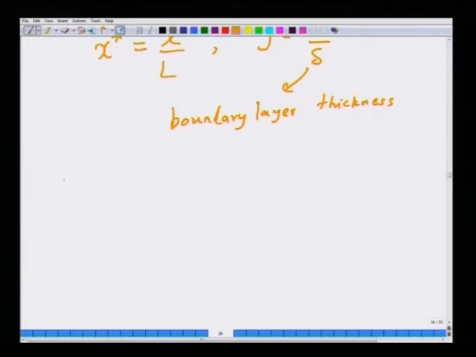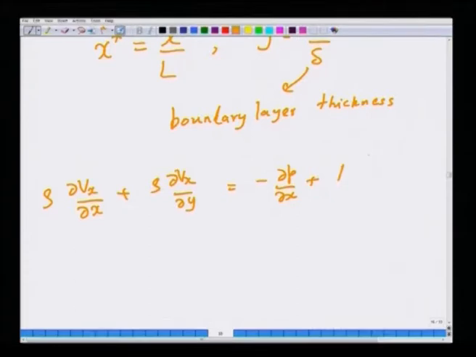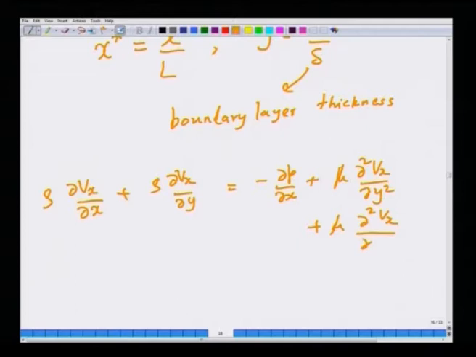Okay. When we do that, we will find, so the dimensional Navier-Stokes equation for this simple 2-dimensional, steady problem becomes the x momentum equation, okay, is equal to minus partial p partial x plus mu partial squared v x by partial y squared, okay, plus mu partial squared v x by partial x squared.